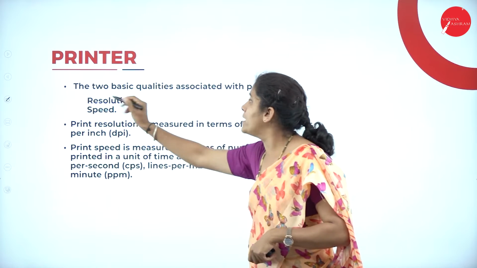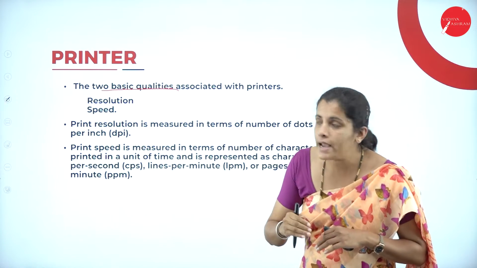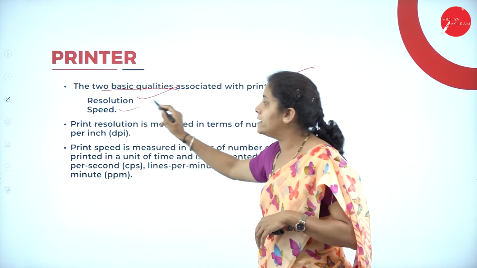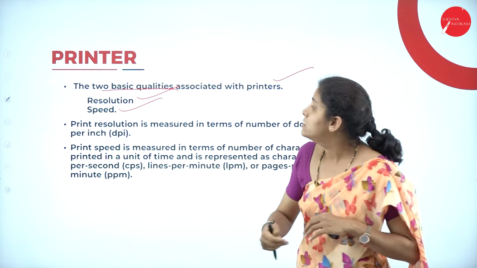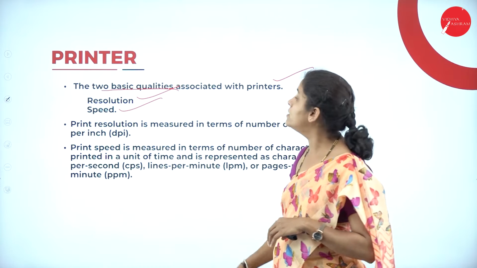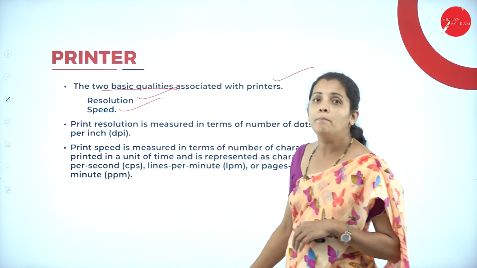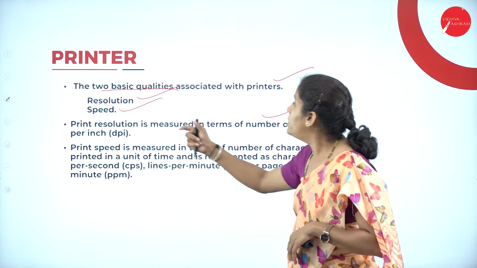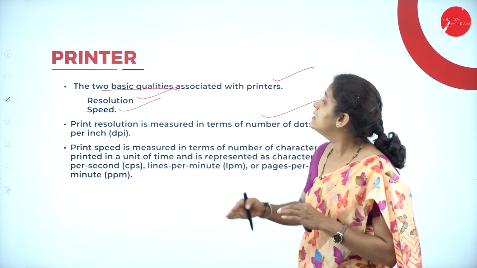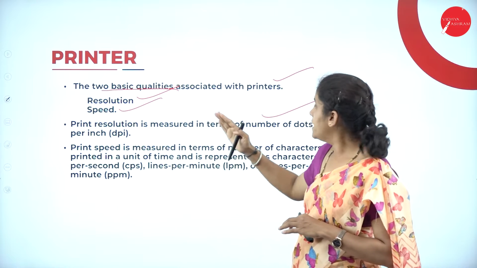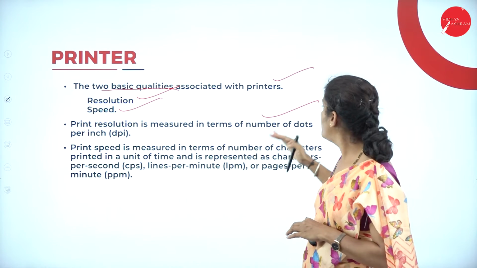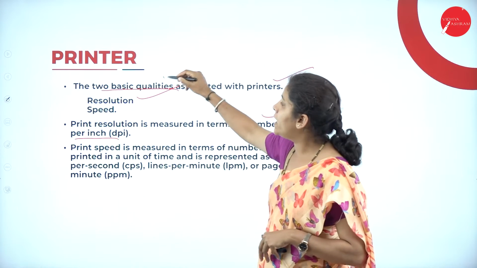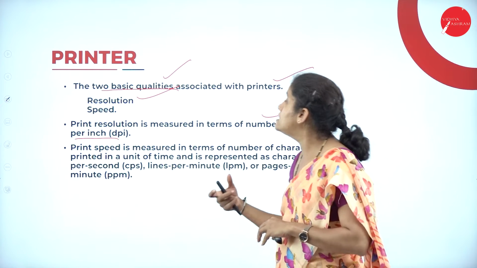The two basic qualities associated with printers are resolution and speed. What is printer resolution? The printer resolution is measured in terms of number of dots per inch. The next basic quality is speed. What is speed?